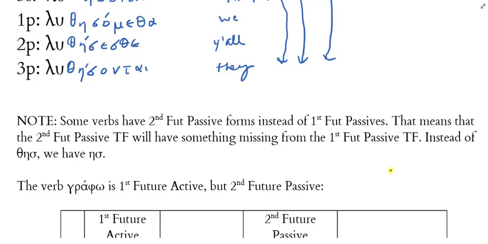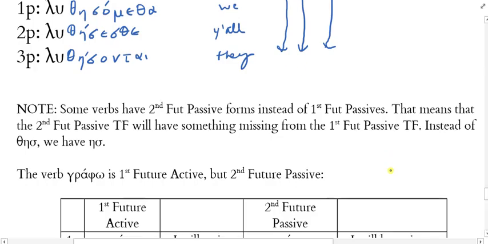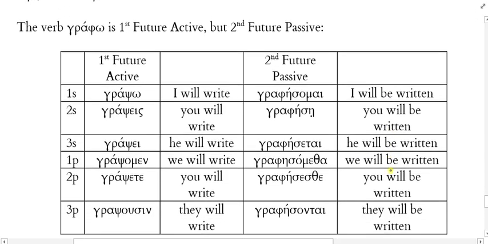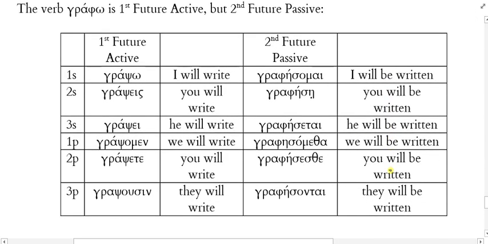Okay? And so that means that our verb grafo is going to use a second future passive. There is no first future active. I don't know why I have that there. So just a future active is grapso, grapseis, grapsei. I will write, you will write, he will write, and so forth.